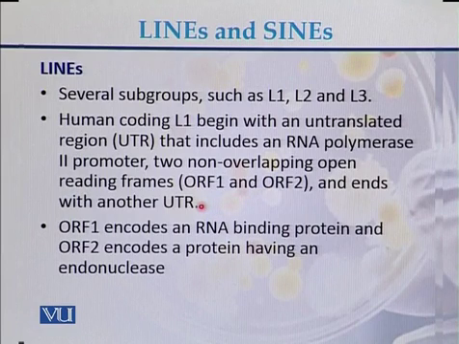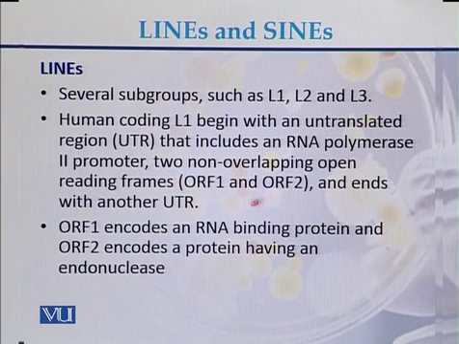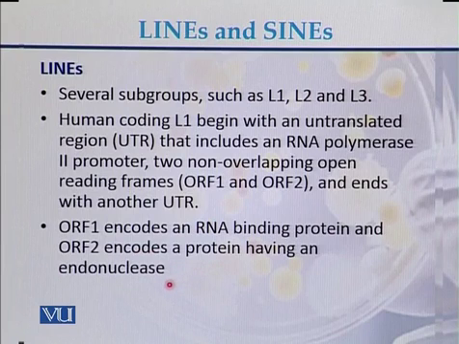So the human coding L1 consists of a UTR region, then in the middle ORF1 and ORF2, and at the end another UTR region. ORF1 encodes an RNA binding protein, while ORF2 encodes a protein having endonuclease activity.